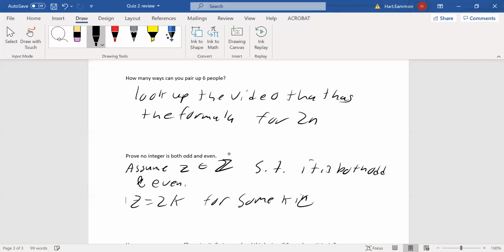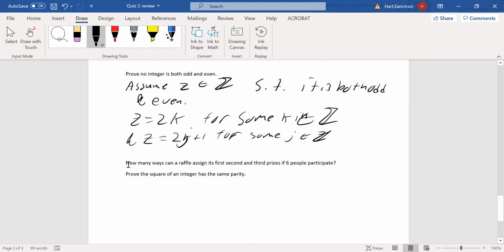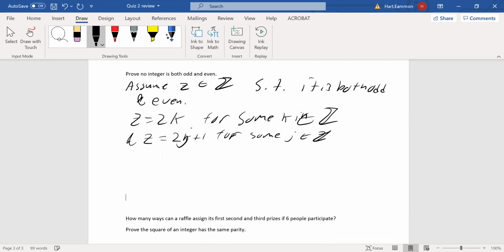In the integers. And z is odd, so z is 2j plus 1, in the integers. So therefore 2k is equal to 2j plus 1. But then we can divide both sides by 2.